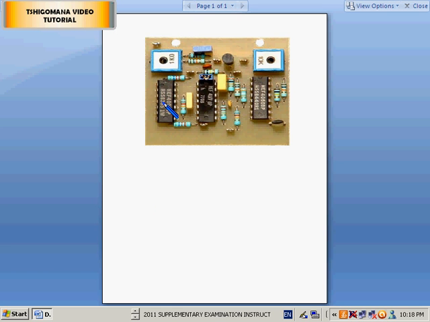Such is achieved by gates. You can find that inside this integrated circuit, IC, there are gates.